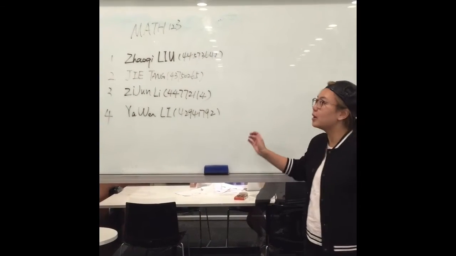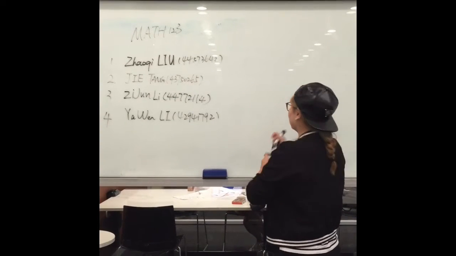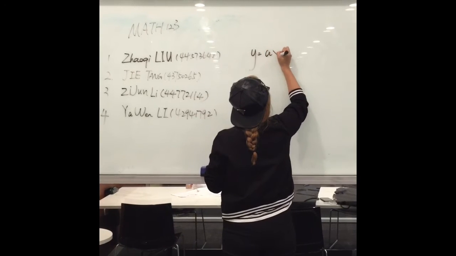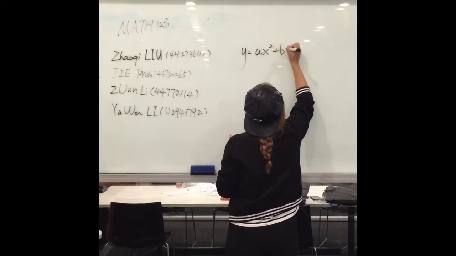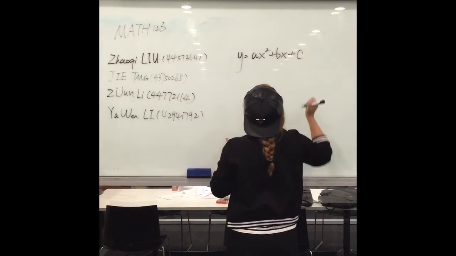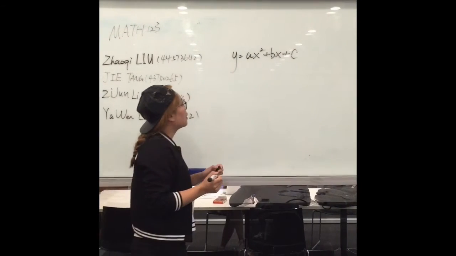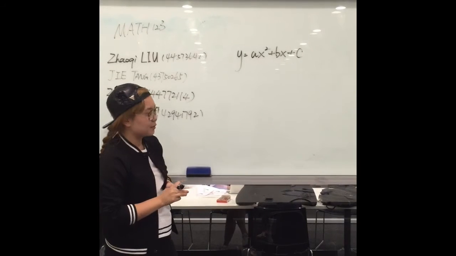This is our group. I'm the first person. The normal quadratic function is like this, and the graph of this one has two different types.